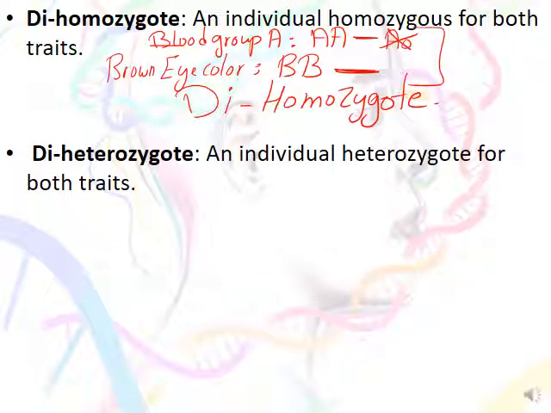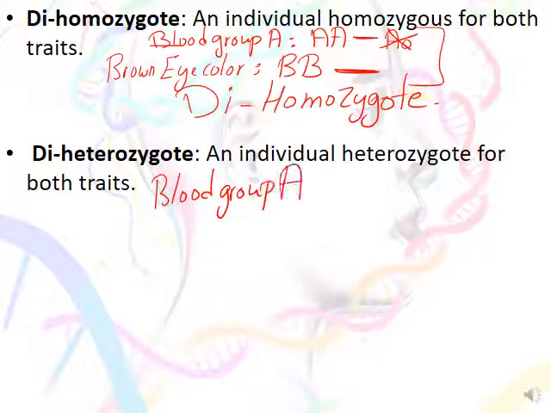While diheterozygous, what is the meaning of diheterozygous? Diheterozygous means that the individual is heterozygous for both traits. What is the meaning of this? For example, let's see the same blood group. I have blood group A. To be heterozygous, is it going to be AA?